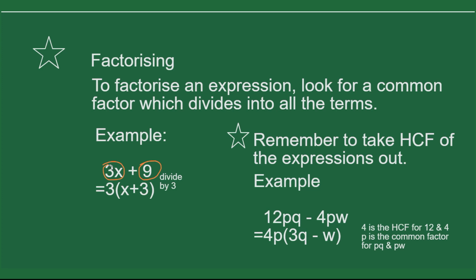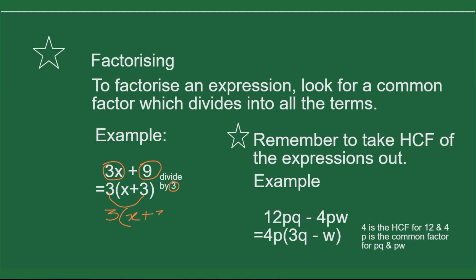So 3 is the common factor. Take the common factor outside of the brackets. The factor 3 comes outside, then 3x divided by 3, left over is x, 9 divided by 3 is plus 3. That is the answer.